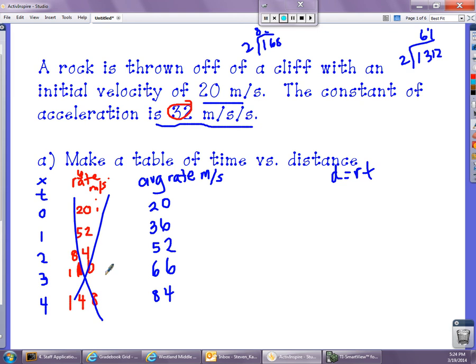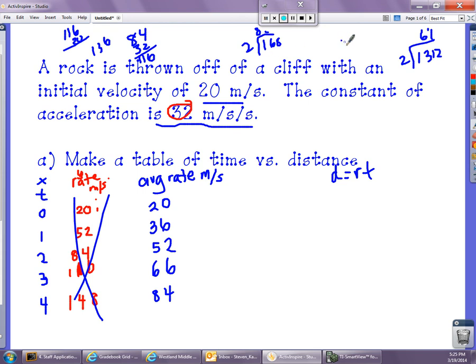So let's go back and see if we can figure out where our mistake is. So I added 32 here and got 84. And 84 plus another 32, sure enough, equals 116. So I must have made a mistake in finding my average rate. 116 plus 20 is 136.